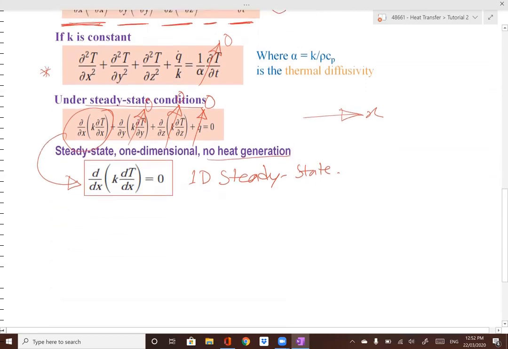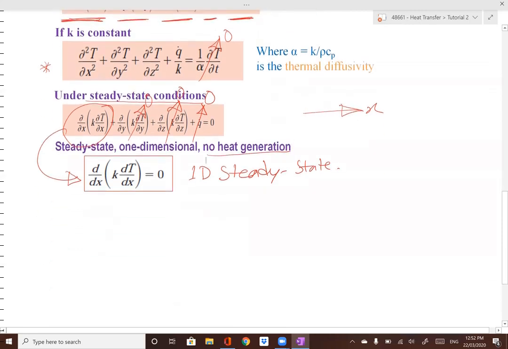In this problem k is also constant, so we can write the differential equation for heat transfer through the plate: d square T over dx square equal to 0. This is the one dimensional heat conduction differential equation.